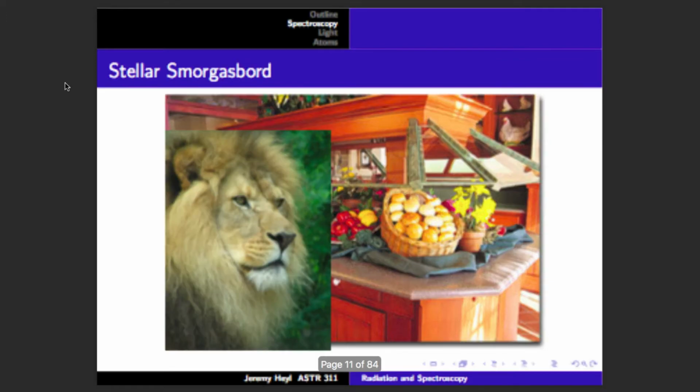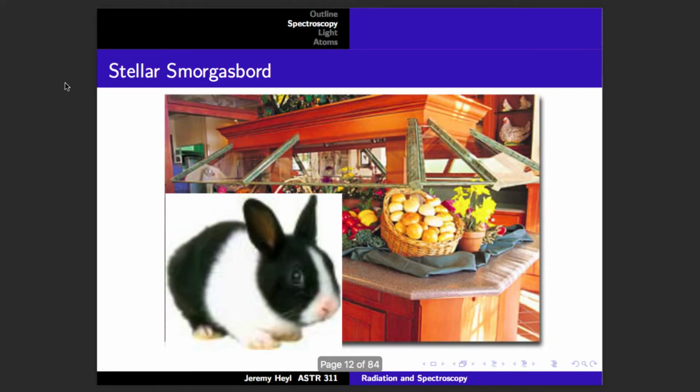And we let different creatures attack the smorgasbord. So we let the lion attack the smorgasbord, and we would find that the peppers and the grapes would be untouched, but the steak would be gone. And if we let the bunny attack the smorgasbord, the steak would be untouched, and the peppers and carrots and whatnot would be gone.